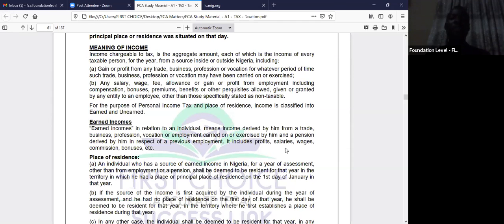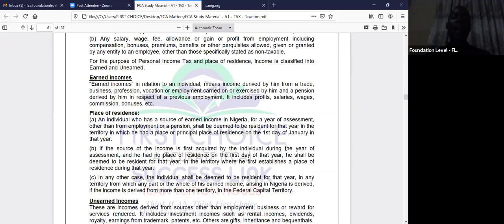Now, income can be divided into two types. We have what we call the earned income. I mentioned before that earned income is income that you have to work for before you get paid. Salaries, profit from business, wages, compensation, bonuses, commission. All these are earned income.